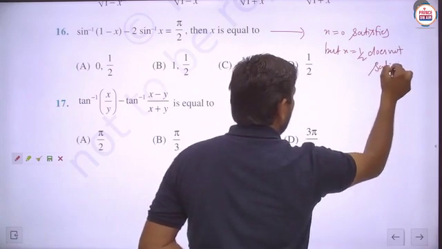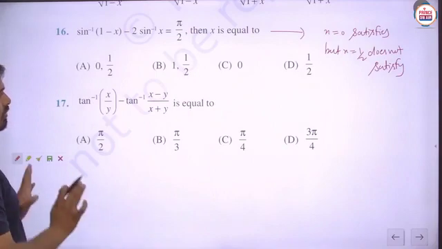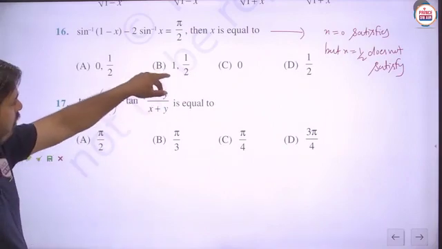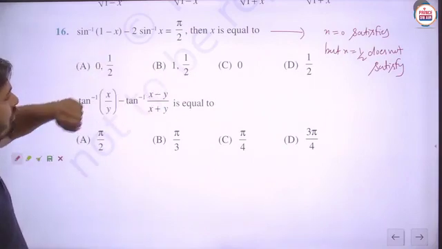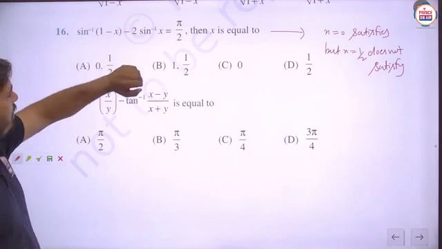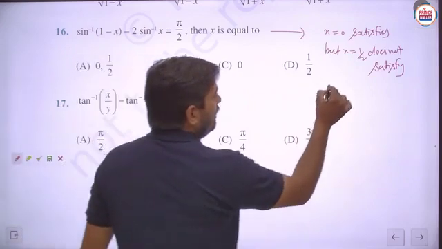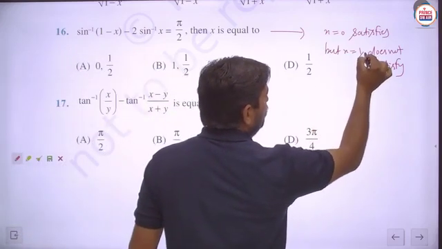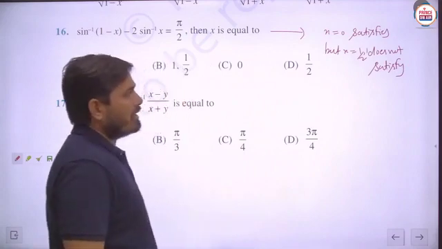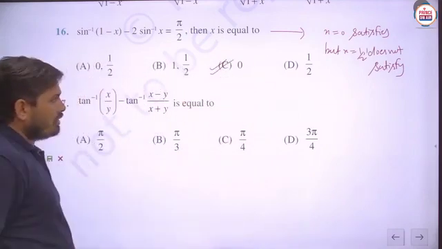Is it clear? So if 0 satisfies, then 0 is the only answer. Now one more value, 1, you can check for 1 also. So if 1 is used, then this is 0 and here pi by 2, so pi, so 1 is not satisfied. So x equal to 1 by 2 and 1 do not satisfy. So the only solution obtained is 0 in this question.